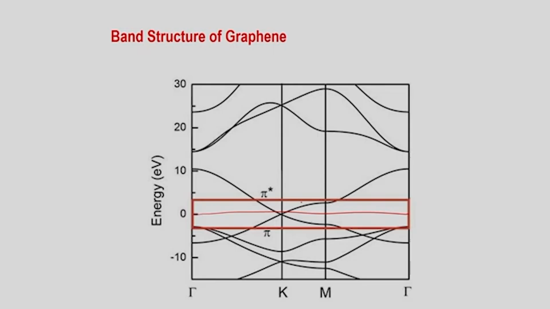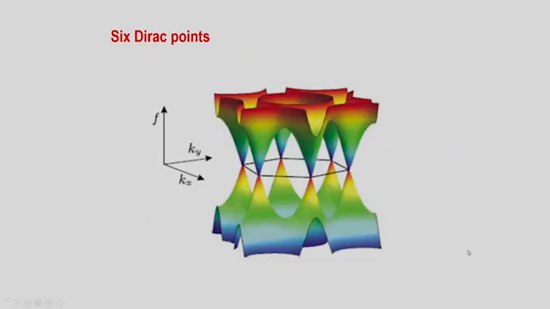Even though they look like a pseudo relativistic dispersion, the velocity is still c by 300, which is 300 times smaller than the velocity of light. And that corresponds to the Fermi velocity of electrons in most metals. So, this falls in that category, and look at the 6 Dirac points whose coordinates have been found; these are the 6 Dirac points that you see here.